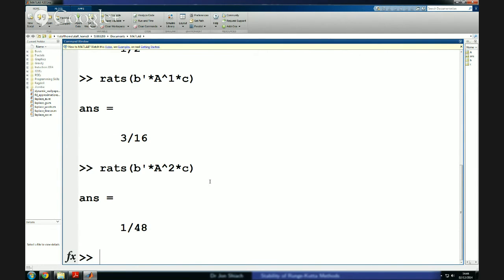If I try and go higher, A to the power 3, I get 0, A to the 4, 0, A to the 5, 0, etc. So basically, you do that a few times until you get it, and you use your last non-zero value.